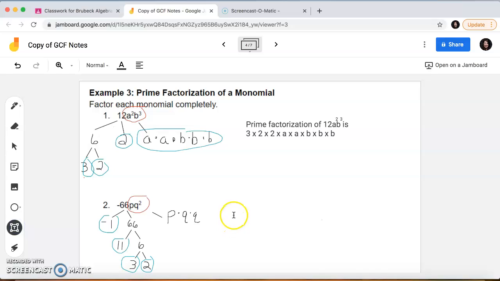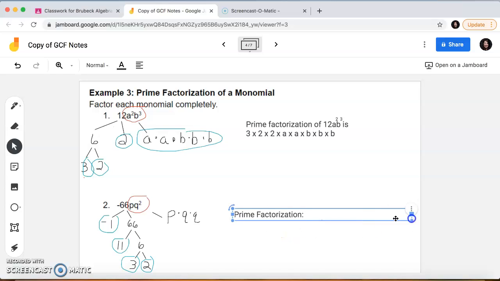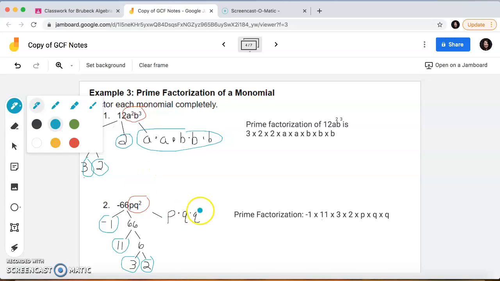So when we're writing down the prime factorization, we will include the -1, the 11, the 3, and the 2, but then we'll also include 1 p and 2 q's. And that is how you do that prime factorization. I'm going to move on to the next slide.